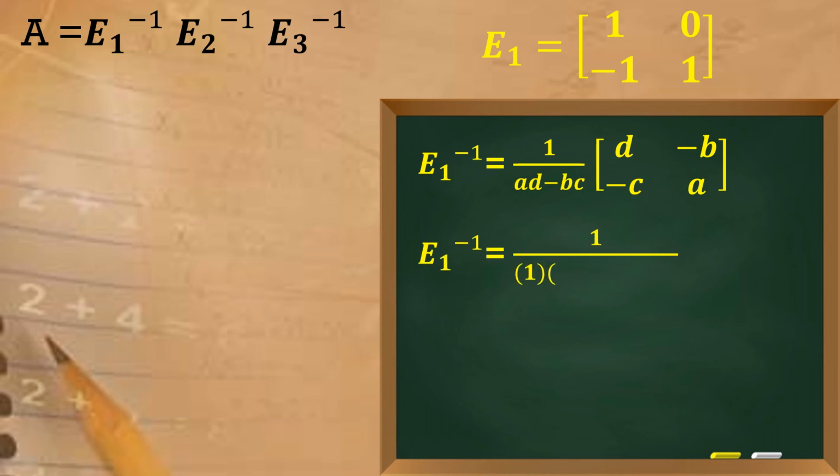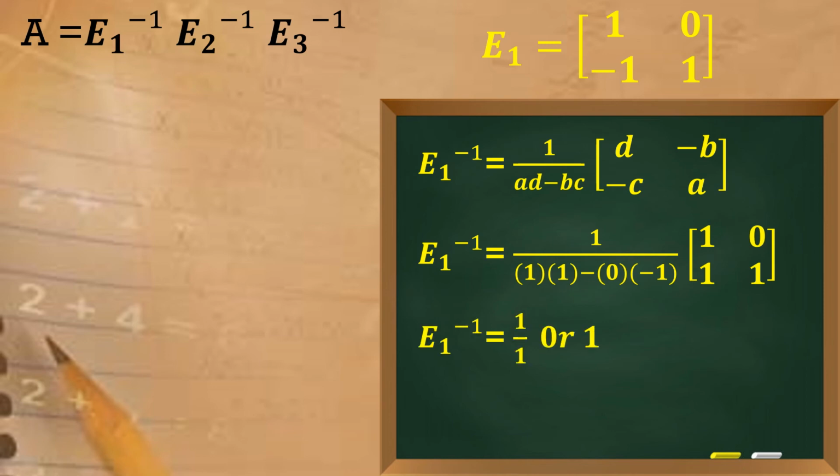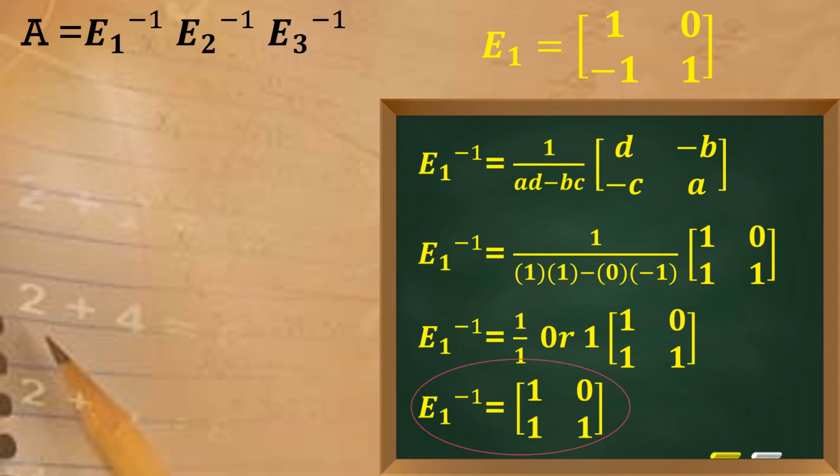E sub 1 inverse is equal to 1 over (1 multiplied by 1 minus 0 multiplied by negative 1) multiplied by the matrix [1, 0; 1, 1], equals 1 over 1, or 1, multiplied by the matrix [1, 0; 1, 1]. So E sub 1 inverse is equal to [1, 0; 1, 1].